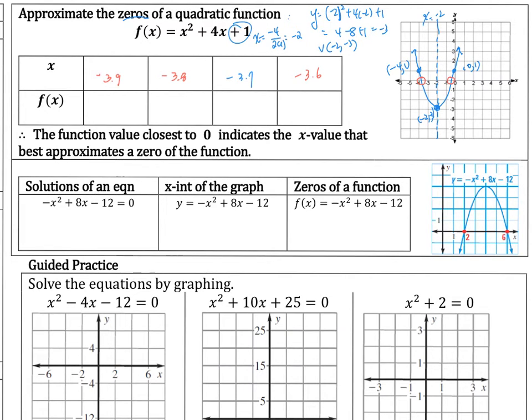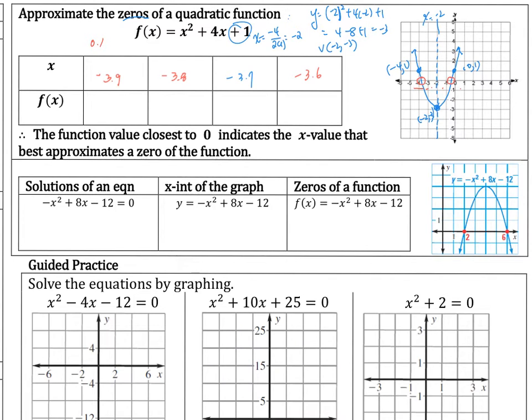So now we need to approximate this by using x values between -4 and -3 and between -1 and 0. I'm only going to show you how to do -4 and -3, and then you can do -1 and 0 yourself. So we're going to use an increment of 0.1.